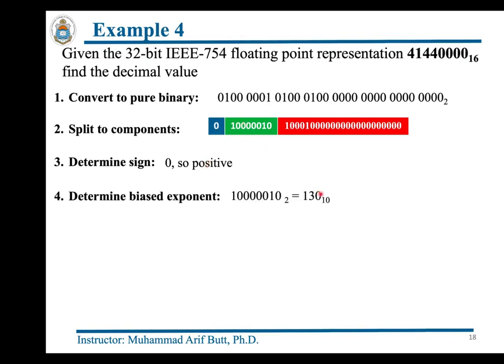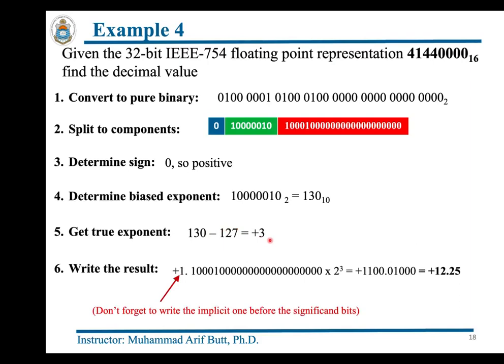The biased exponent is 130. The true exponent can be obtained by subtracting 127 from it. We get plus 3. And finally this is the result. Once again, don't forget to write this implicit one before the significant bits.